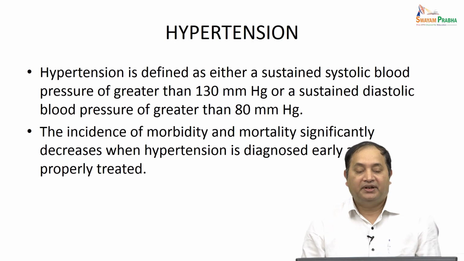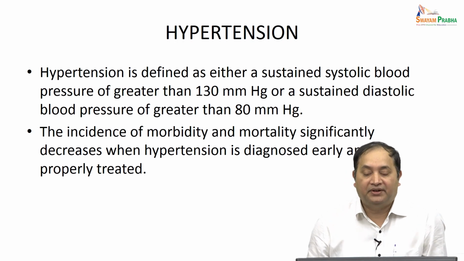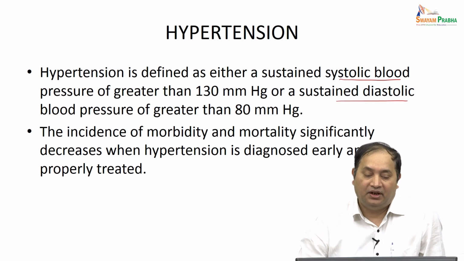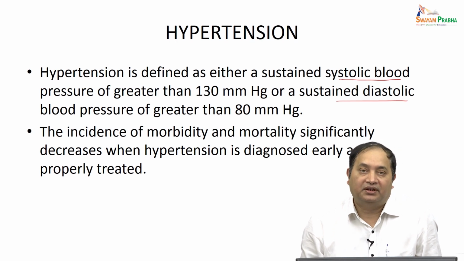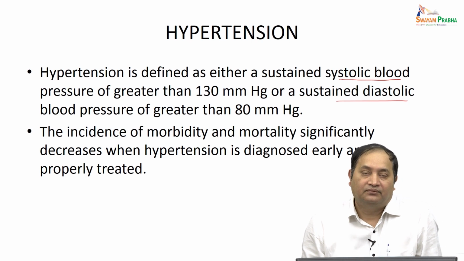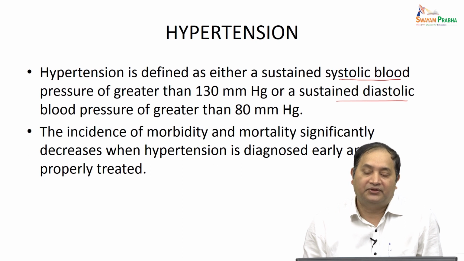Now, the moment you say hypertension, you can define it by looking at the systolic blood pressure or the diastolic blood pressure. If the systolic blood pressure is more than 130 or the diastolic blood pressure is greater than 80 millimeter mercury, you can look at the different guidelines, the NICE guideline, the JNC 8 guideline, or the American Heart Association guideline.